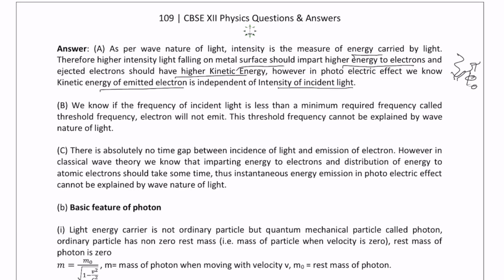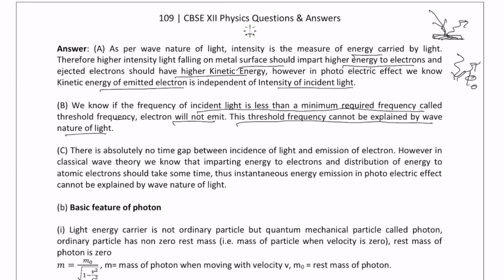If you incident a more energetic ray, then it is not necessary that an electron gets emitted. Okay, so this cannot be explained by the wave theory, correct? So we know if the frequency of incident light is less than a minimum required frequency called the threshold frequency, the electron will not be emitted. This threshold frequency cannot be explained by the wave nature of light.